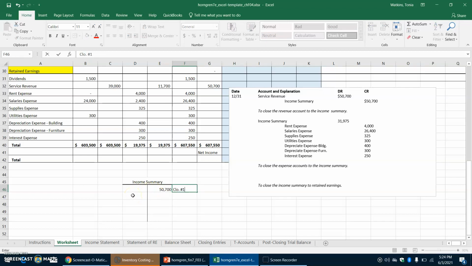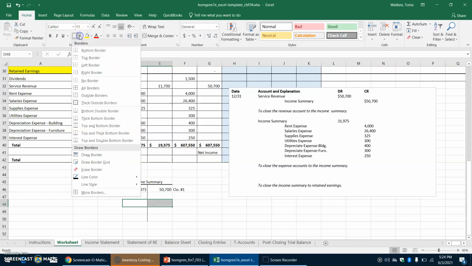When we closed out our expenses, income summary was debited for $31,975, the total of all the expenses. Let's put closing number 2. So now we can find the ending balance.